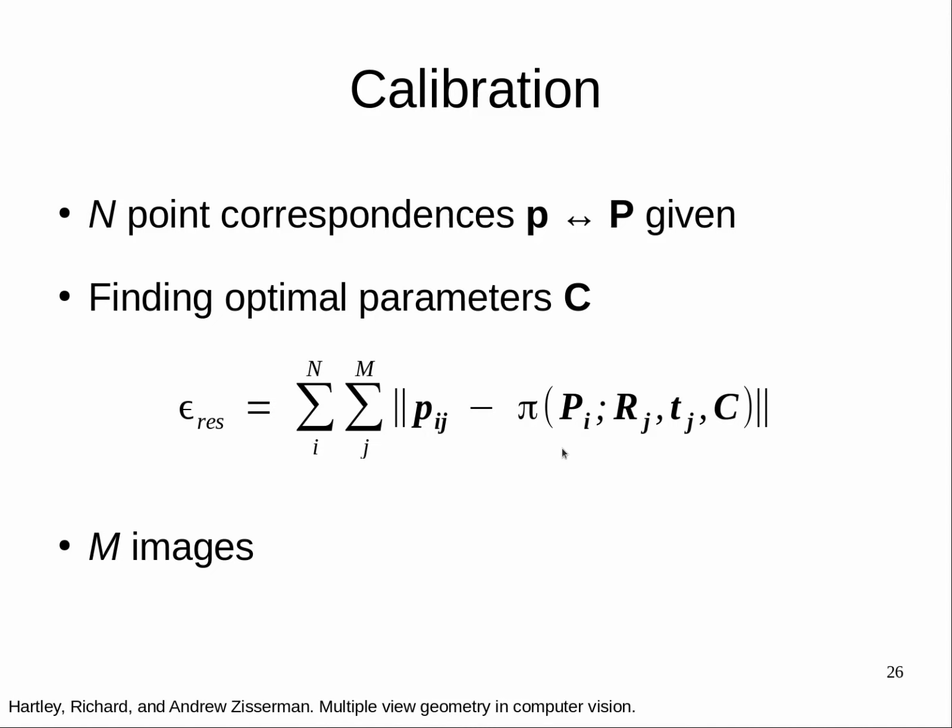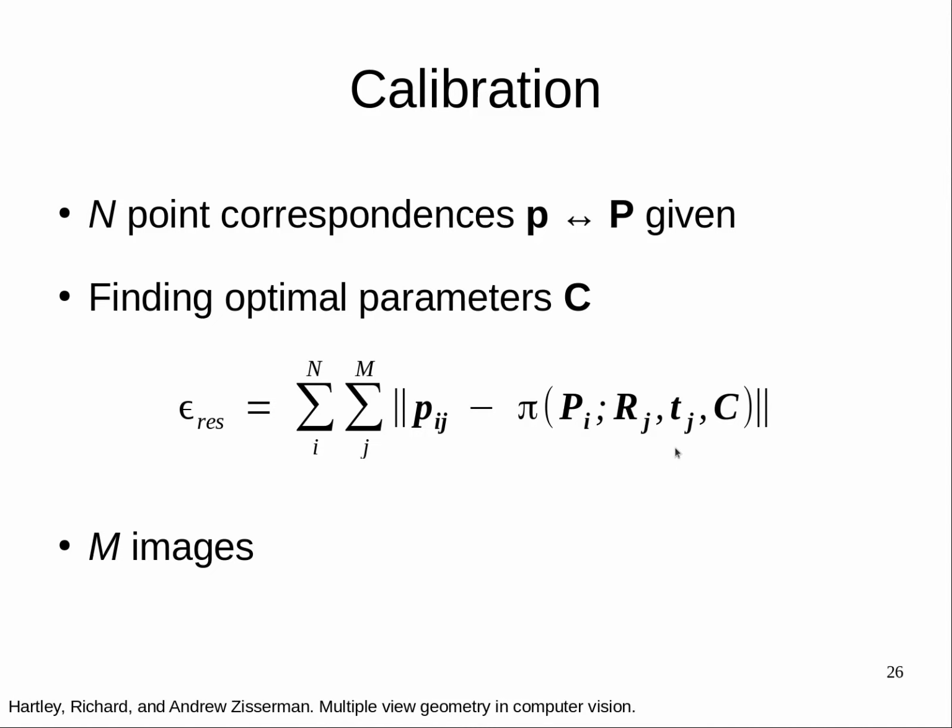And looking at the indices here, we also find the respective 3D coordinates, big pi here, but we see that the rotation and translation is per image. What this means is that we are observing the same n 3D points in m different images, where we have a different rotation and translation per image.